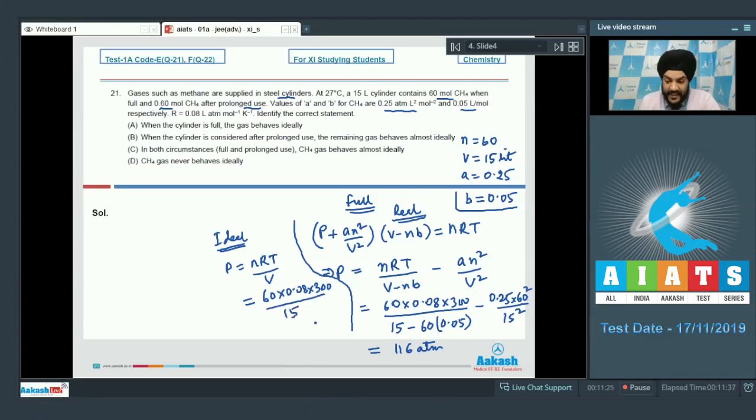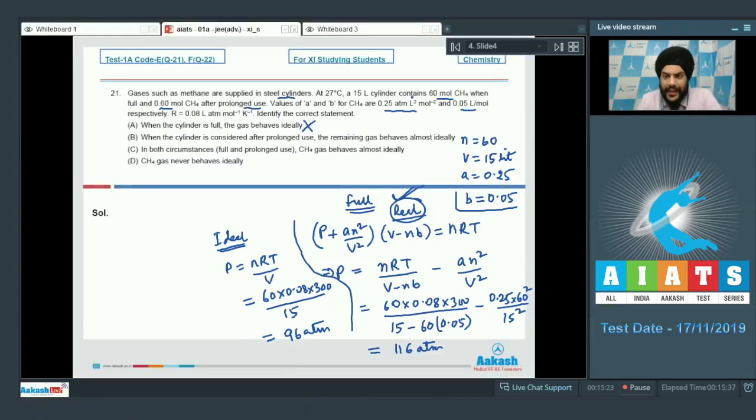So students, if we simplify this value, we get a value of pressure equal to 96 atmosphere. So we can clearly see that when the cylinder is full, the pressure exerted by assuming the ideal gas behavior and the real gas behavior are both different. So we can clearly see that when the cylinder is full, the methane will behave like a real gas.